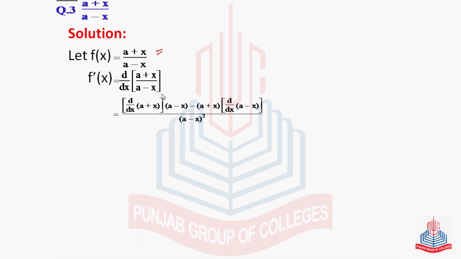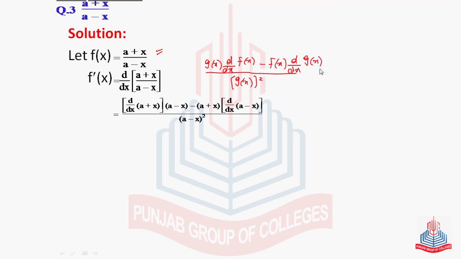So here we apply the quotient rule. The quotient rule is: the square of the denominator, g(x) whole squared, in the numerator g(x) as it is, with the derivative applied on f(x), the numerator, minus f(x) as it is, and the derivative d/dx applied on g(x).